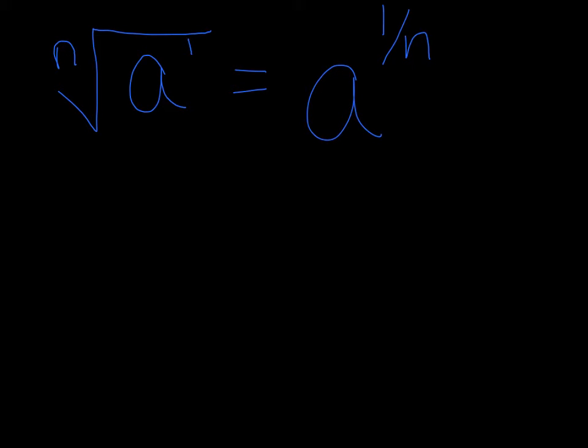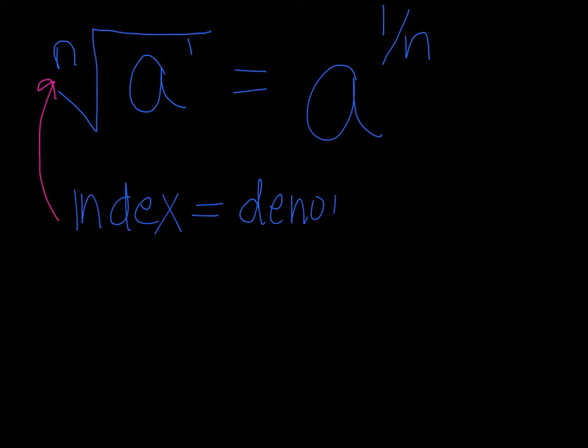Let's look at the different parts we're examining. First, we start off with the index. And the index is right here. That is equal to our denominator of the exponent.